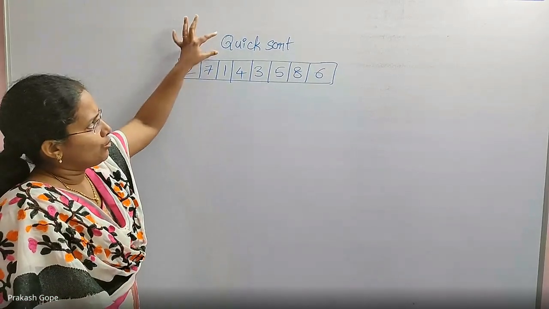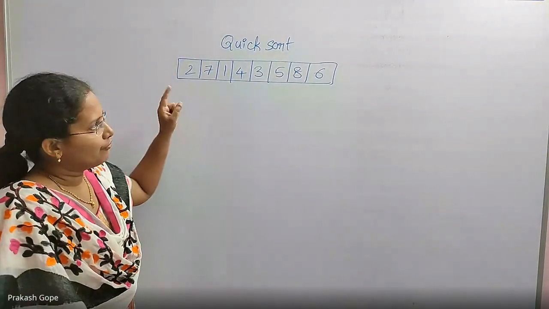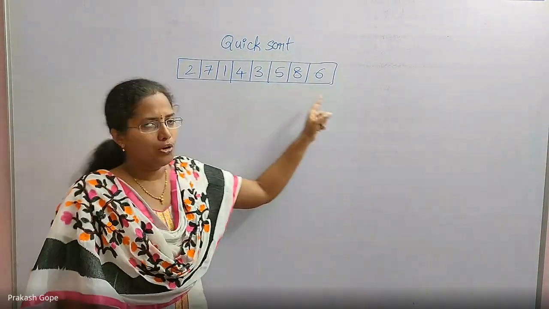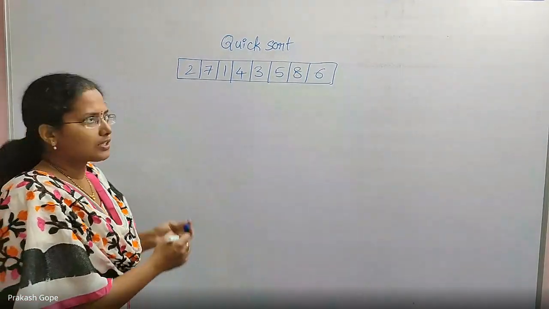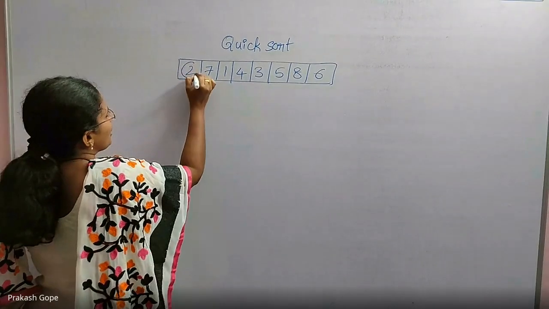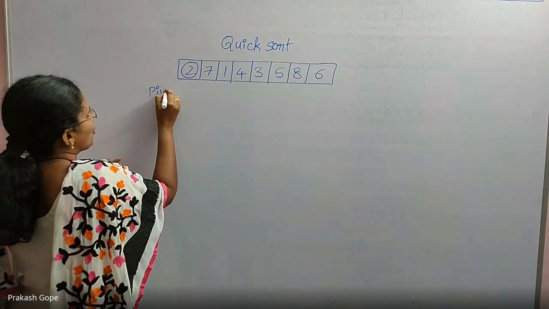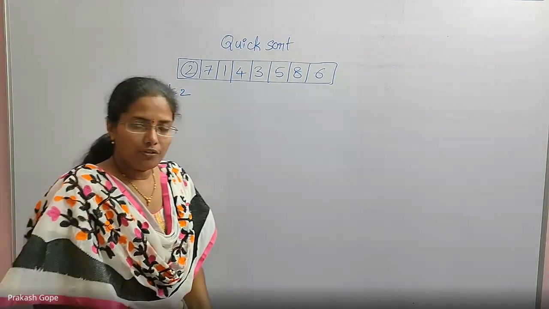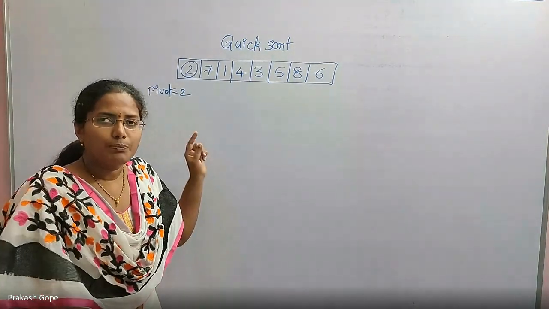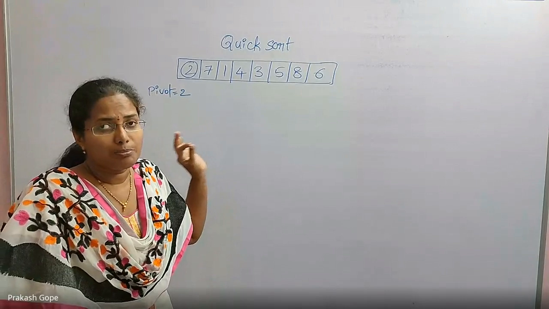Okay. Quick sort logic is like this. We will pick any one among them as a pivot element. For now, I will consider the very first element as the pivot element. So our aim is to move this pivot element into its right place.